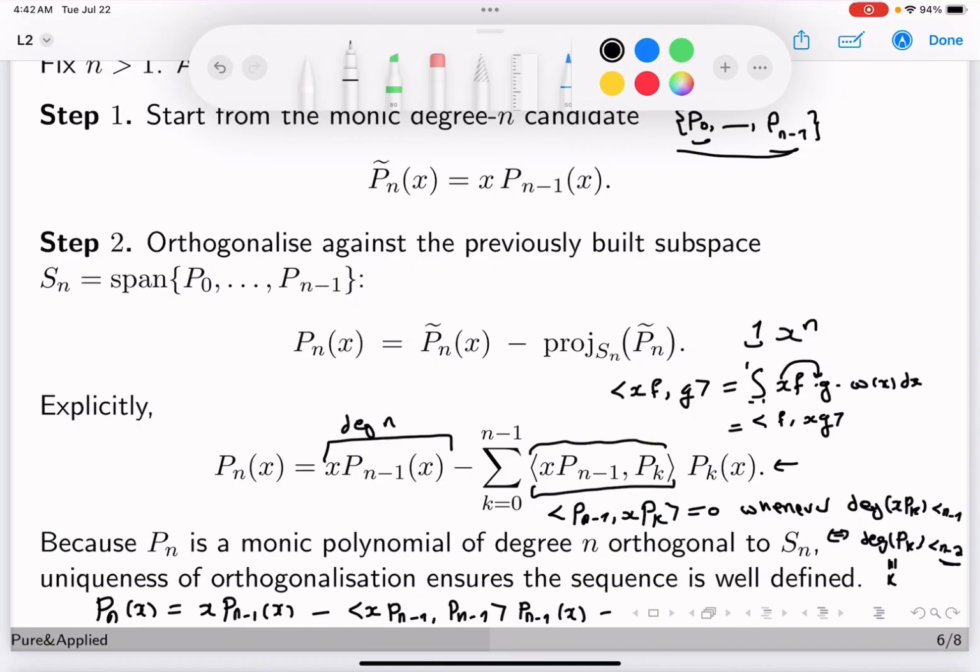Then we have the n minus 2 term, so x Pn minus 1, inner product with Pn minus 2, times Pn minus 2, and the rest of the terms are just zeros, right? The rest of the terms will have k less than n minus 2, and hence all of them will be zeros.